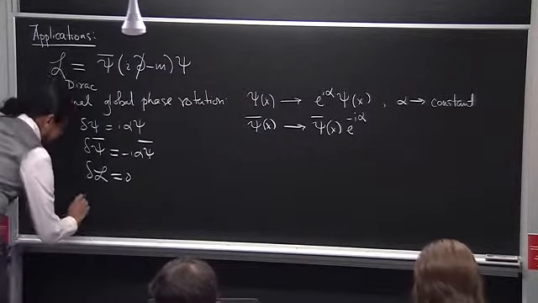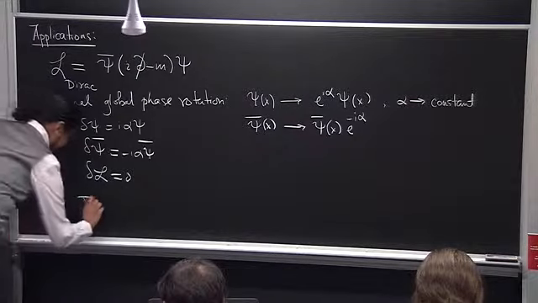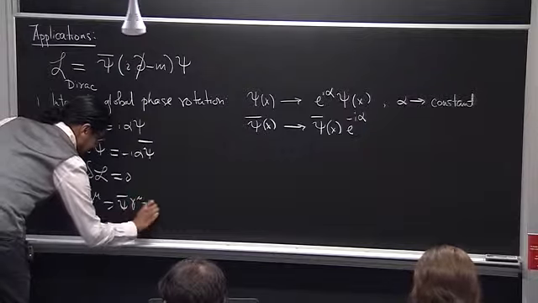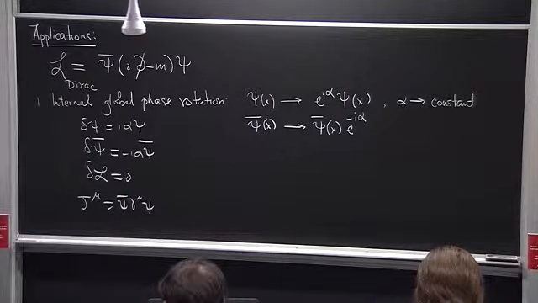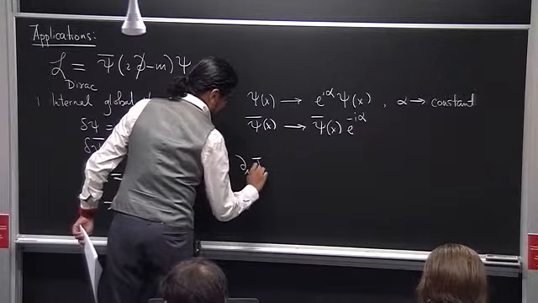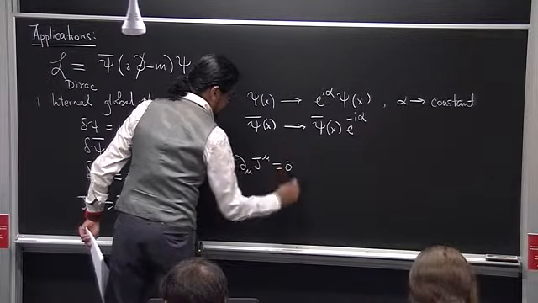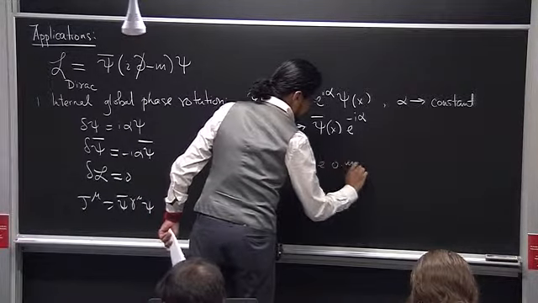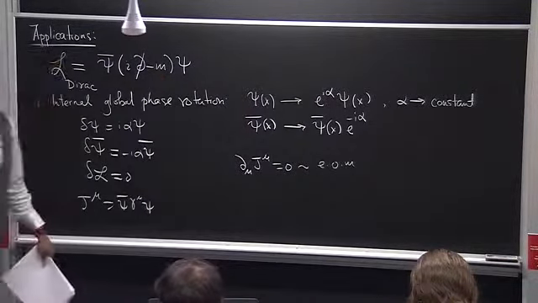And then the conserved current is simply given by this. Now we can verify quite easily that this is 0. But to verify, you have to use the equations of motion. And I will leave it as an exercise for you to do this.